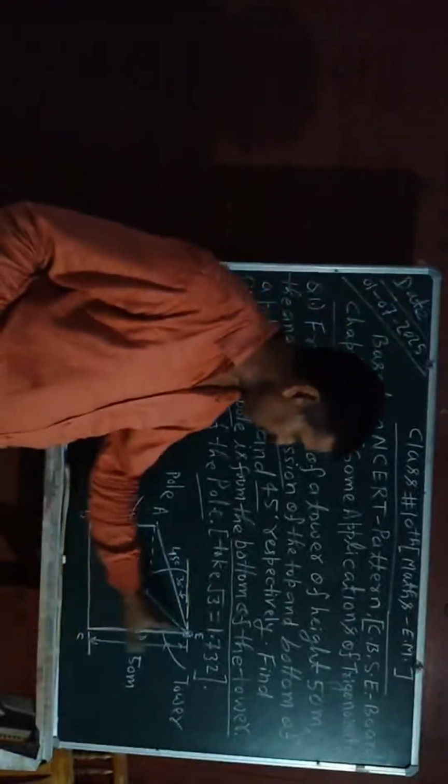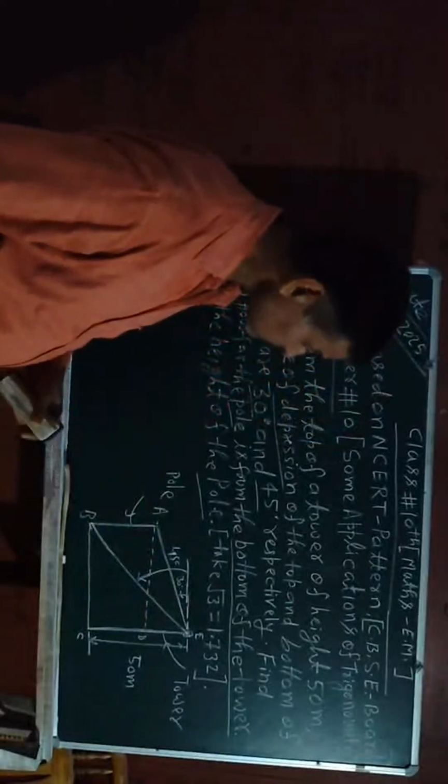So it will meet at a point, suppose G, and this point will be E. This is my assumption; you can take any points from A to Z: A, B, C, D, E.